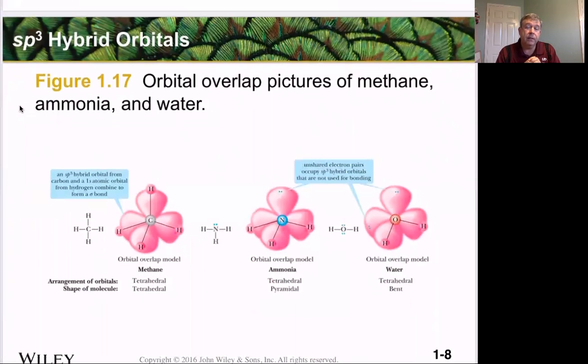If we had 4 equal bonds to them, we would have those 4 equal bonds be at that tetrahedral shape around there. Now, if we only had 3 things to bond to it, like in the case of ammonia, where we already had 5 electrons in the outer shell of nitrogen, we would end up with a lone pair, and that lone pair would then be in that sp3 hybridized orbital, and give us a pyramidal molecular shape, but the orbitals will still be in that tetrahedral shape.